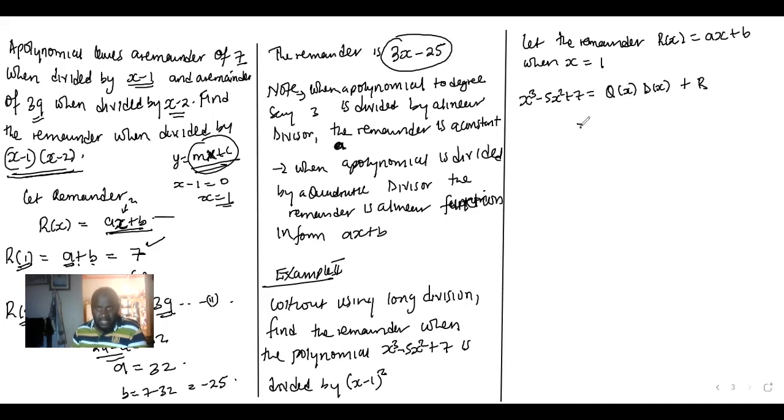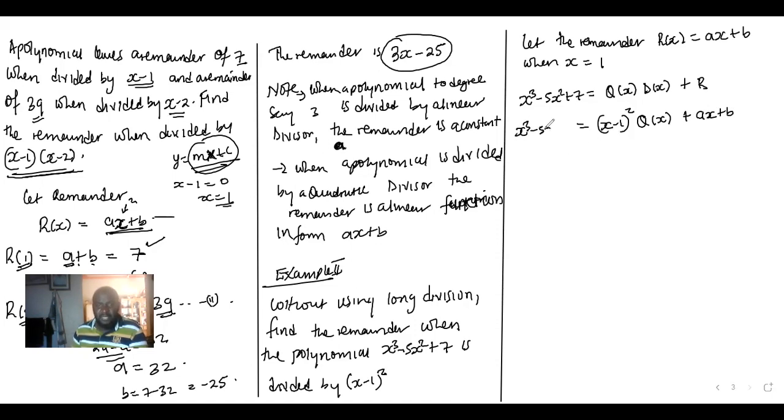In actual sense, the divisor is x minus 1 squared, the quotient we don't know, plus the remainder, which is in the form ax plus b. So that is how it is supposed to look.